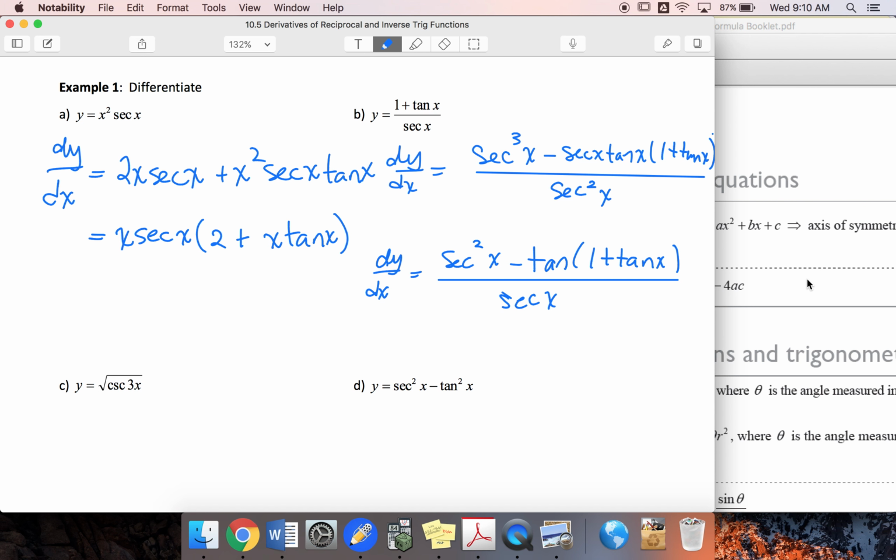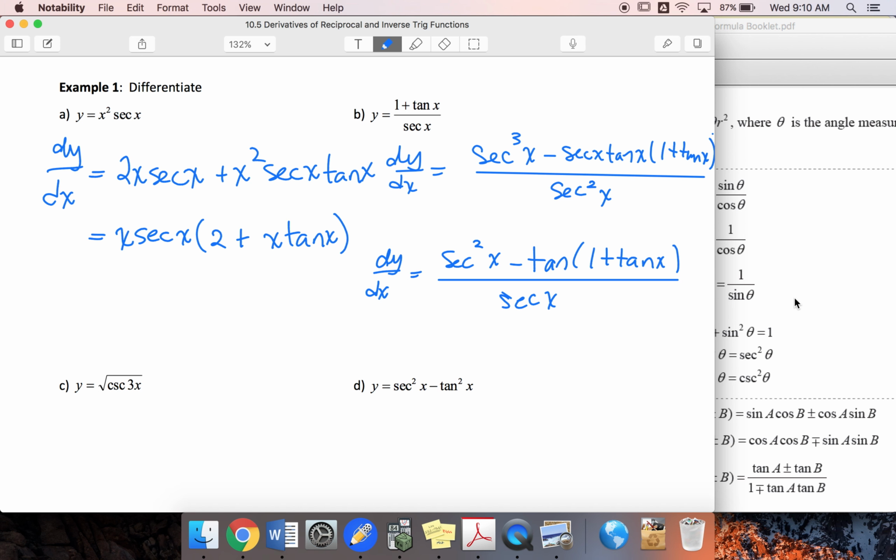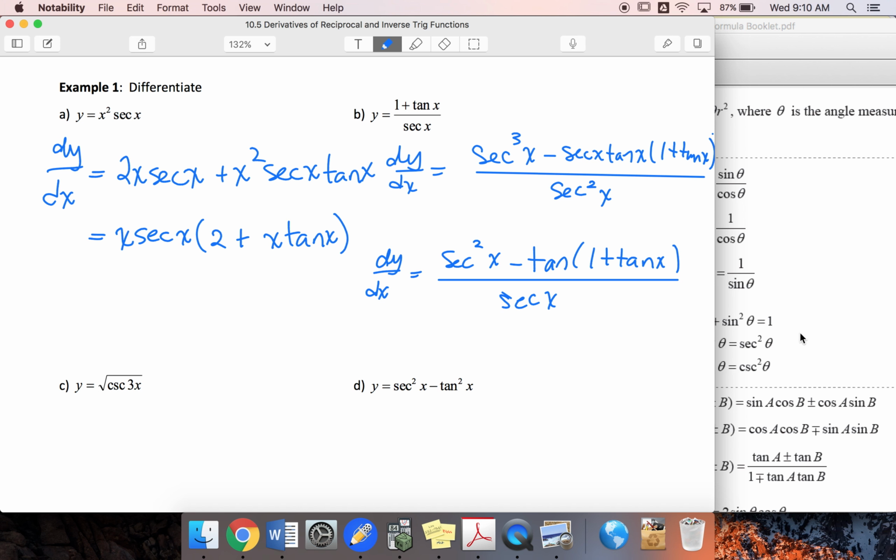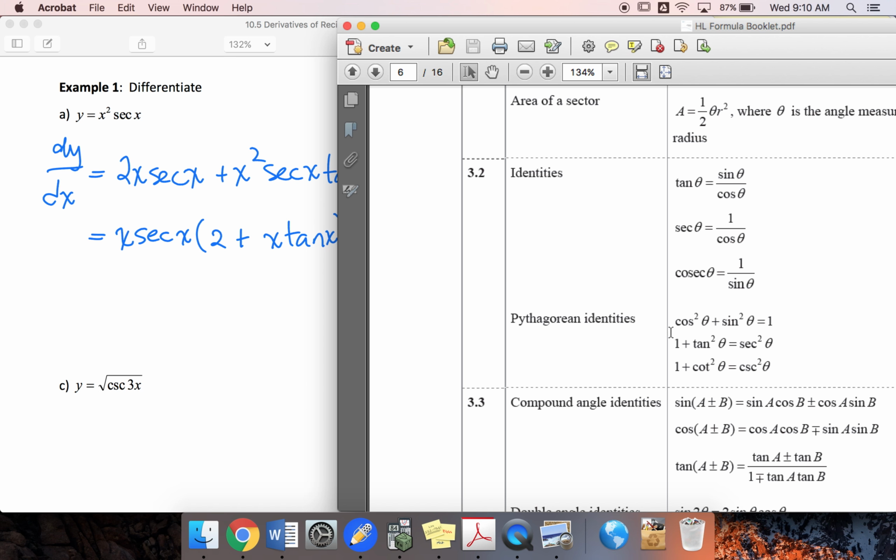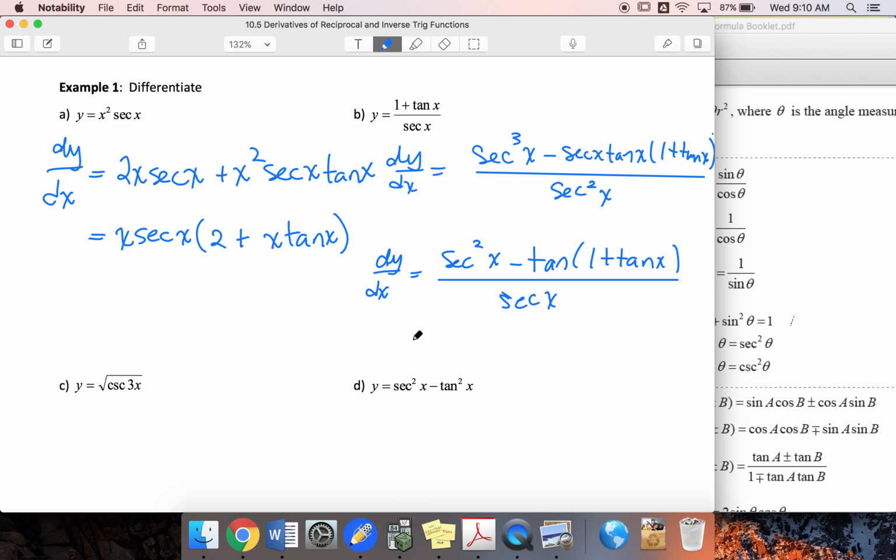So with my trig identities here, I can see that secant squared definitely is something. Secant squared is 1 plus tan squared, so I'm going to expand and see what happens. So 1 plus tan squared minus tan minus tan squared.